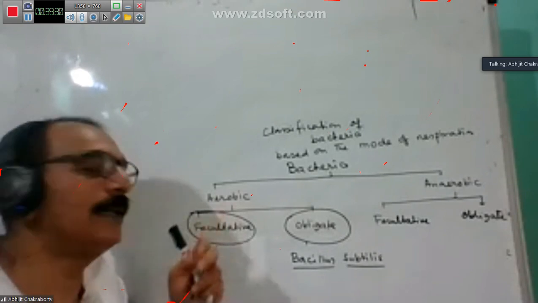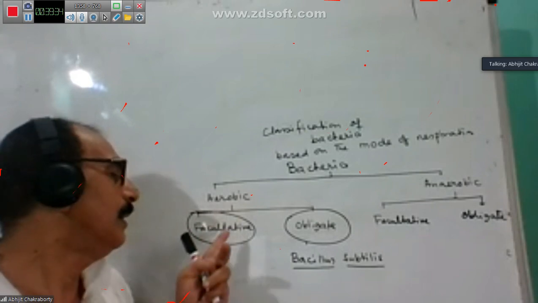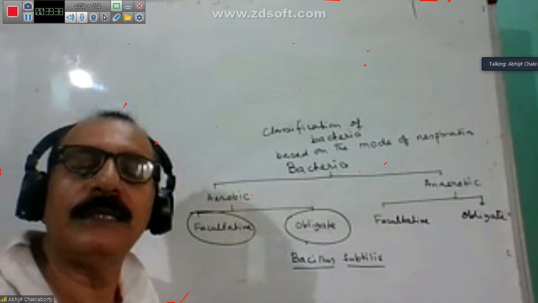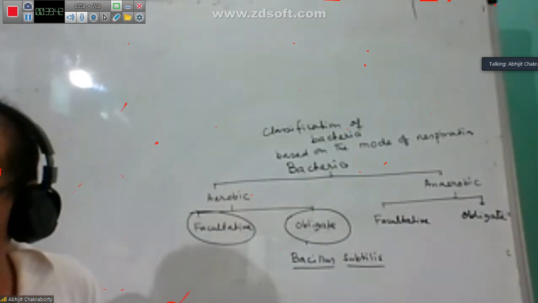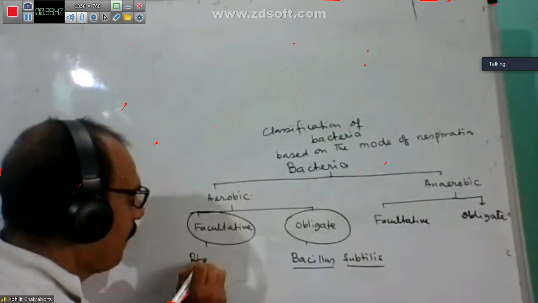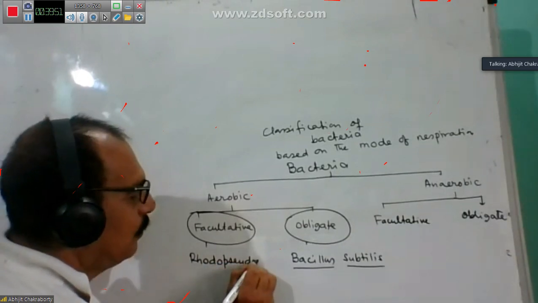Facultative aerobic means they are normally anaerobic bacteria, but wherever oxygen is available in the medium, they can switch over to become aerobic bacteria. Then they are called facultative aerobes. So Rhodopseudomonas, Pseudomonas.